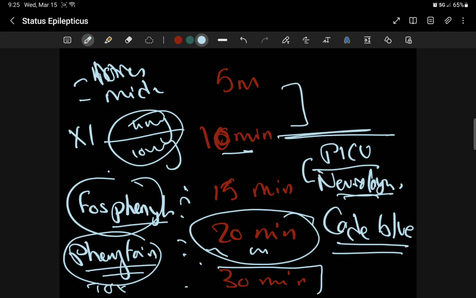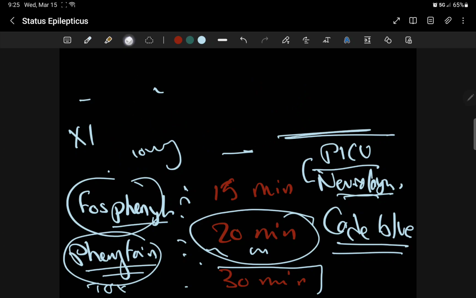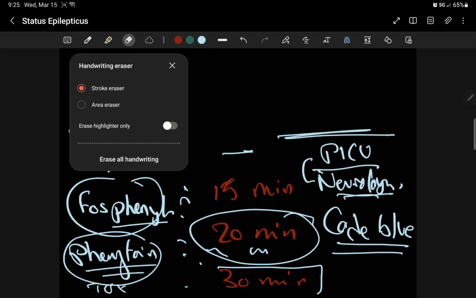Also, I've seen this happen, and you need to be aware that status epilepticus in itself is not an indication for intubation. You do not intubate a patient because they're in status epilepticus. As long as you can oxygenate them and ventilate them, you do not have to intubate them.